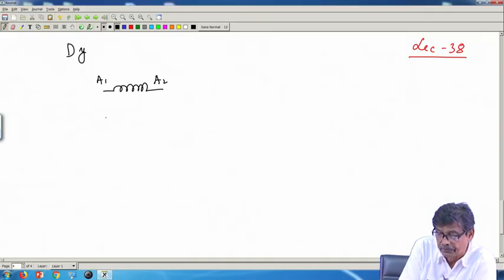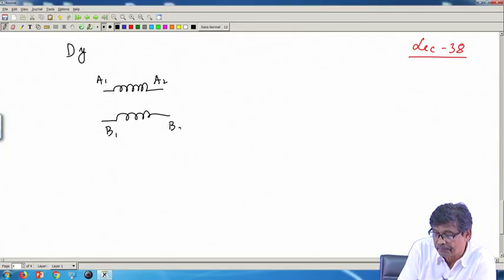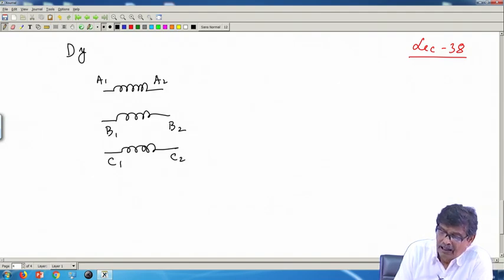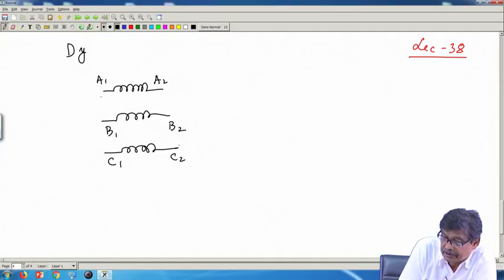So, A1, A2, these are the primaries, B1, B2, and this is C1, C2, and one of the valid connections goes this way. That is first, let me try.